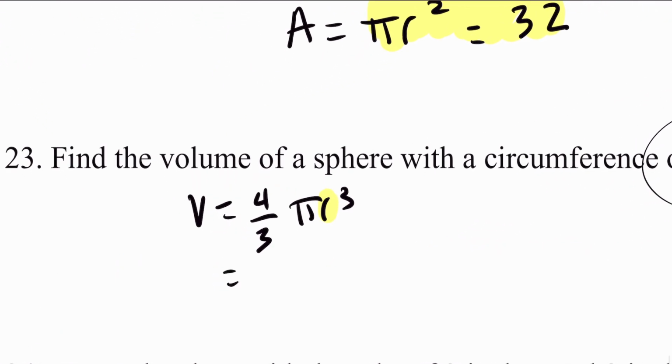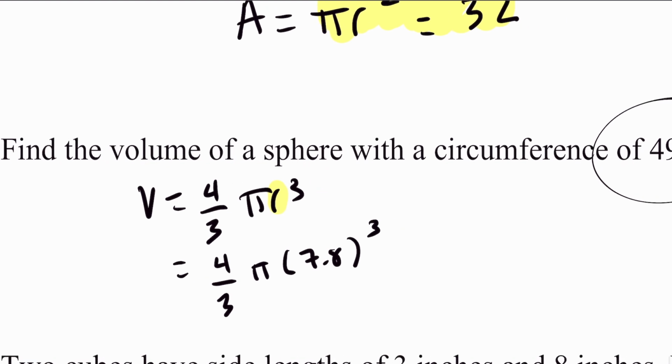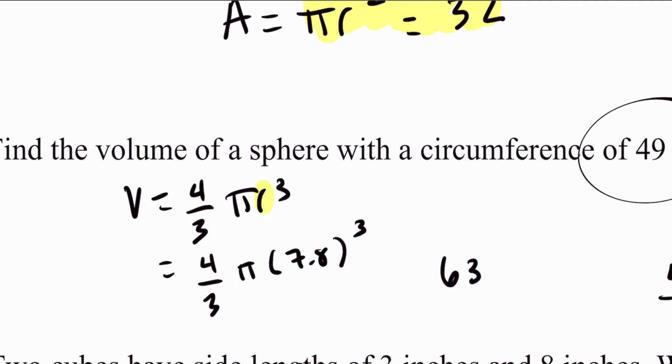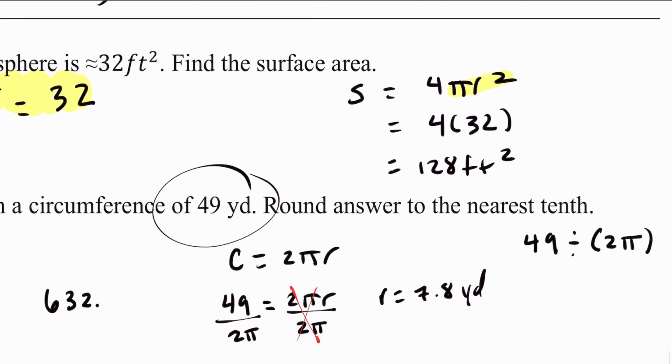Since I know what the radius is, I'm going to do 4/3 pi times 7.8 raised to the third power. Using my calculator, I do 7.8 raised to the third power, hit enter, multiply that by 4, then divide by 3. Round to the nearest tenth.